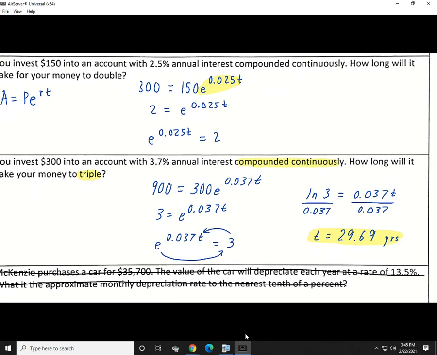And again, because this is a base e, I'm going to use natural log of what? 2 equals what? 0.025t. So the last move I'm going to make is to divide by 0.025.